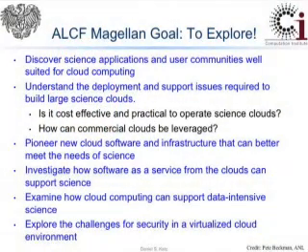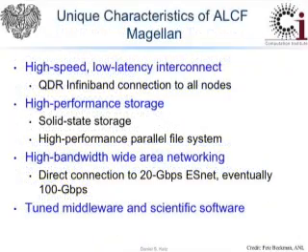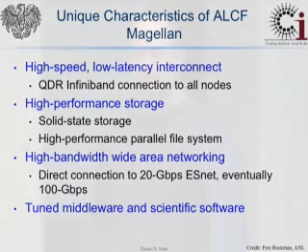And the system that they're building at this point is kind of interesting because it's basically a cluster interconnect, high-performance storage, so it looks like cluster storage. High bandwidth, wide area networking outside, so this looks like a cluster again, and middleware and scientific software that are similar again to what you would have on a cluster.